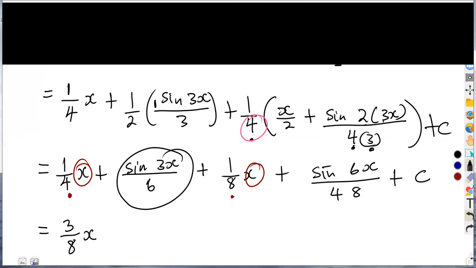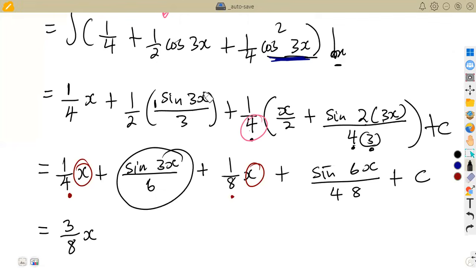Sorry for that, guys. So this is just going to remain because we do not have anything corresponding to this. So this is going to be sine 3x over 6. Then this one again is just going to remain as it is. We do not have anything corresponding to this part here.